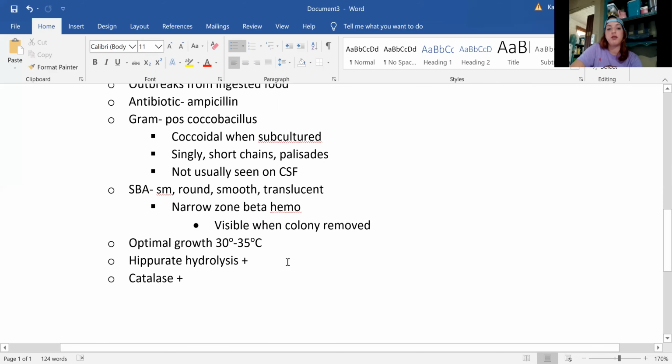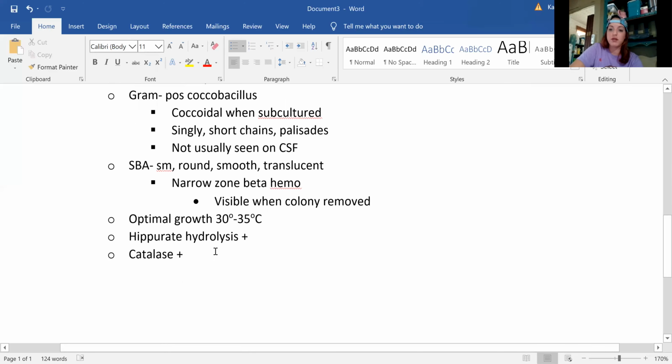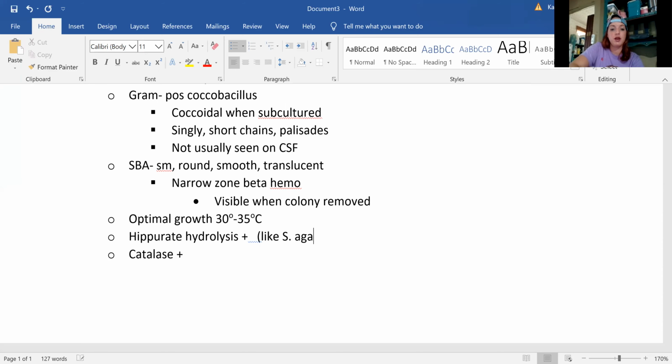So even though it's not in the same group per se or the same chapter, if they're similar, it's good to know the differentiating features. But the difference is going to be your catalase positive. Bile esculin positive.